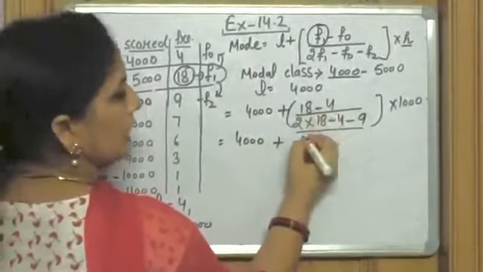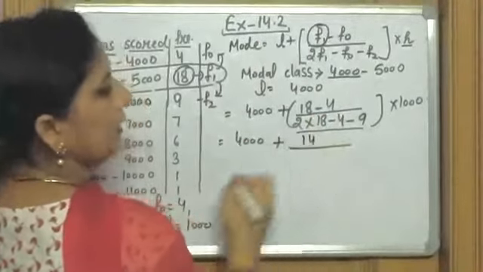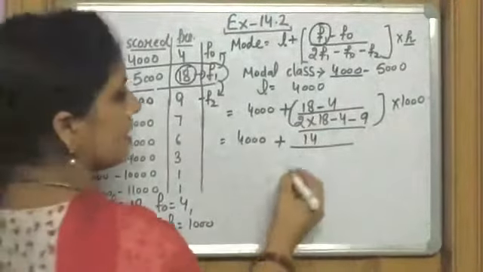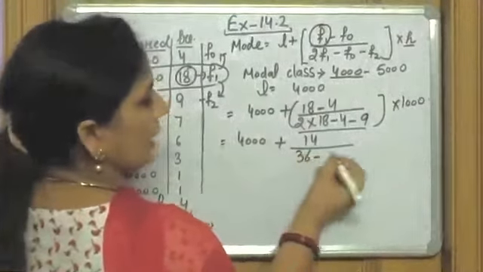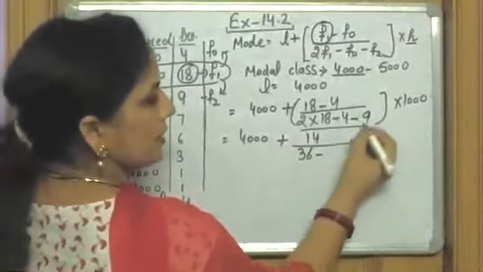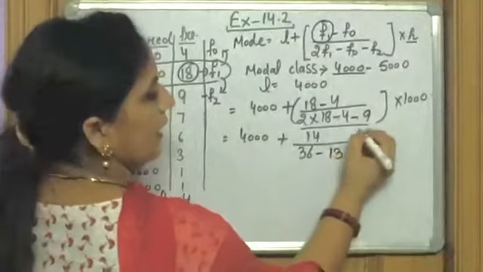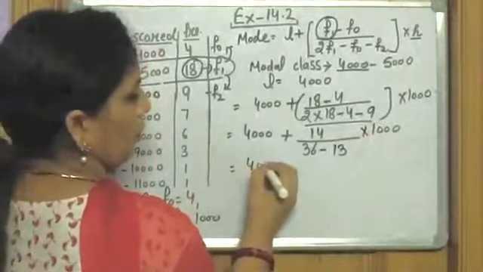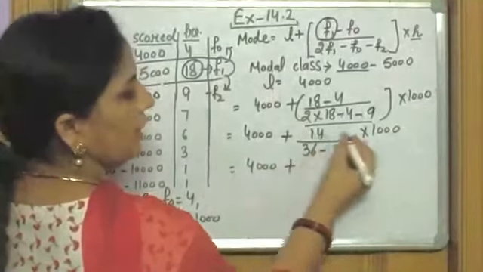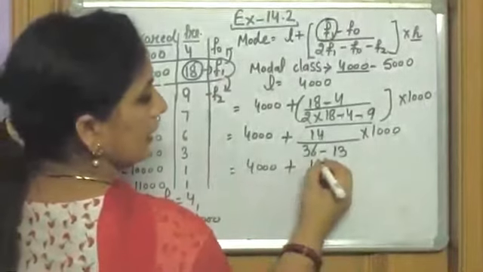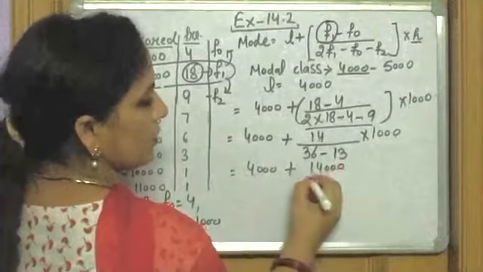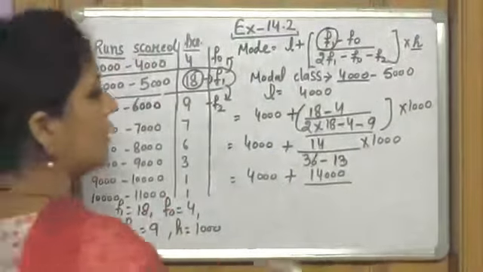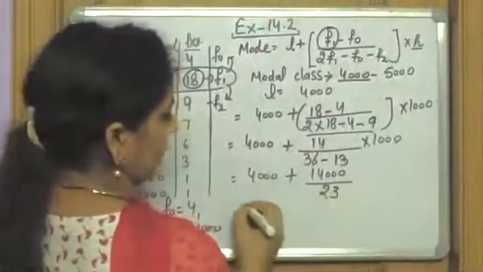18 minus 4, that is 14. In the denominator we have 2 multiplied by 18, that is 36, minus 4, plus, here we have 9 and multiply by 1000. 4000 plus 14 multiplied by 1000, that is 14,000, and divide by 36 minus 13, which is 23.